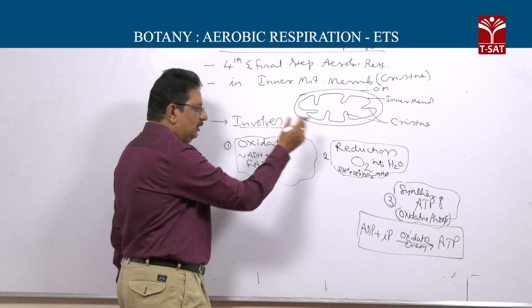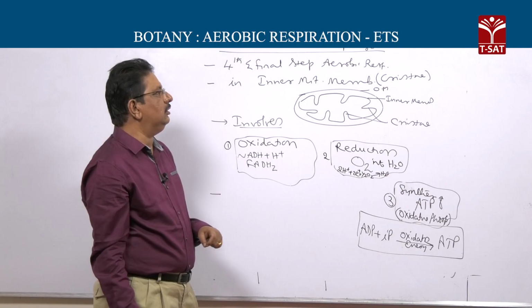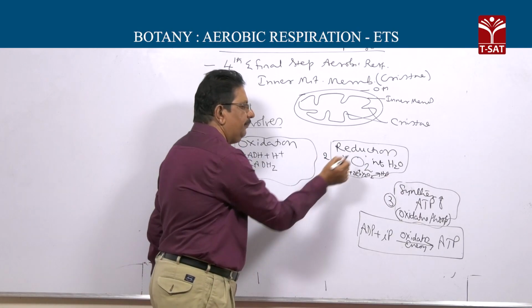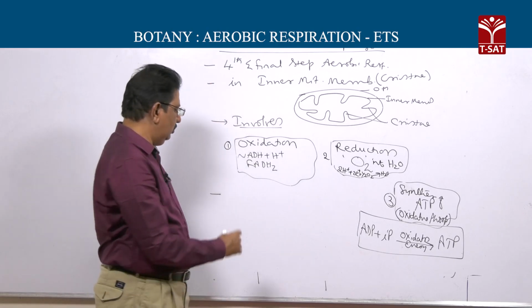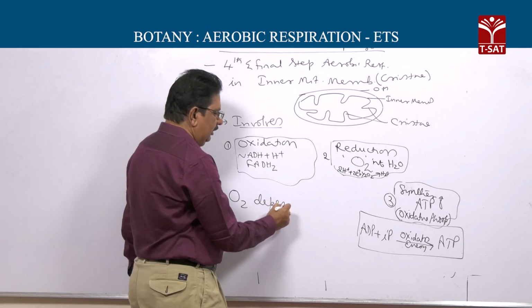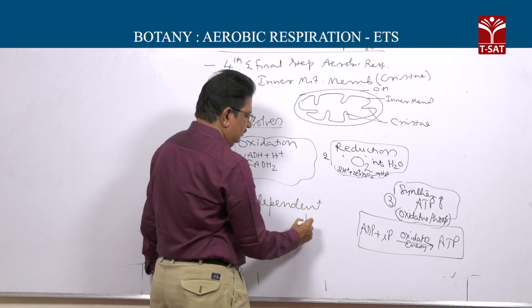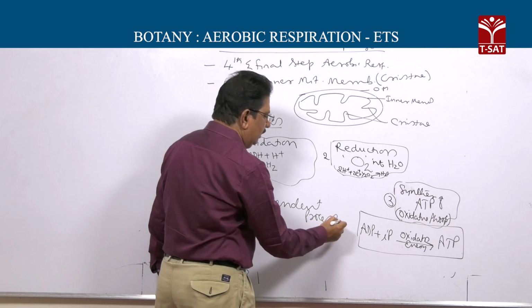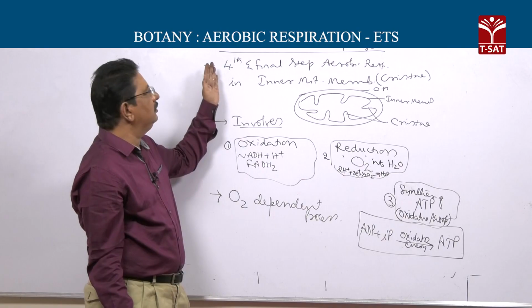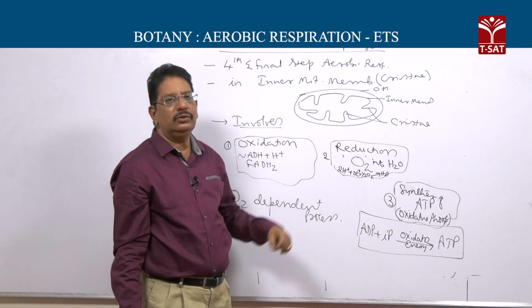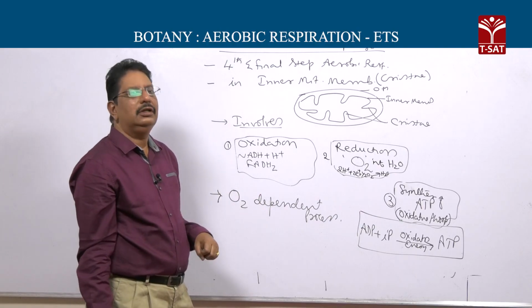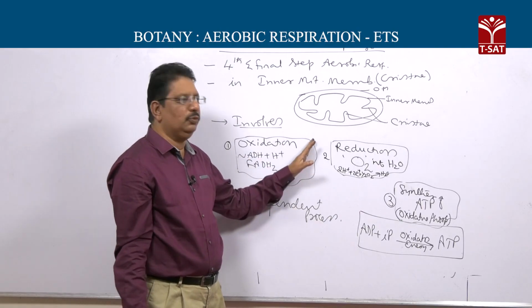After seeing this, this is the only event in the entire aerobic respiration where oxygen is involved. So, it is also called an O2 dependent process. The O2 dependent process in aerobic respiration is the ETS and oxidative phosphorylation, and oxygen participation is seen in this step only.